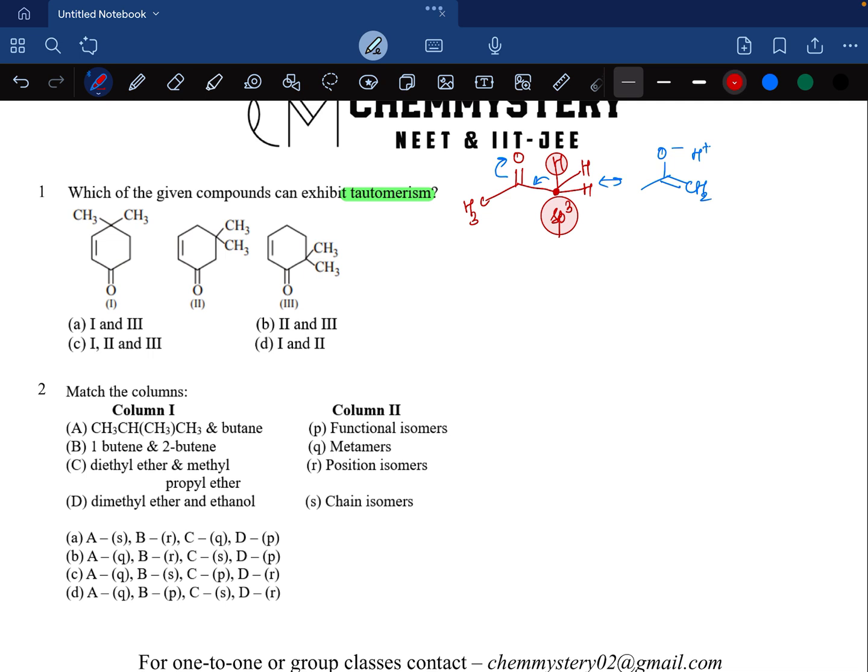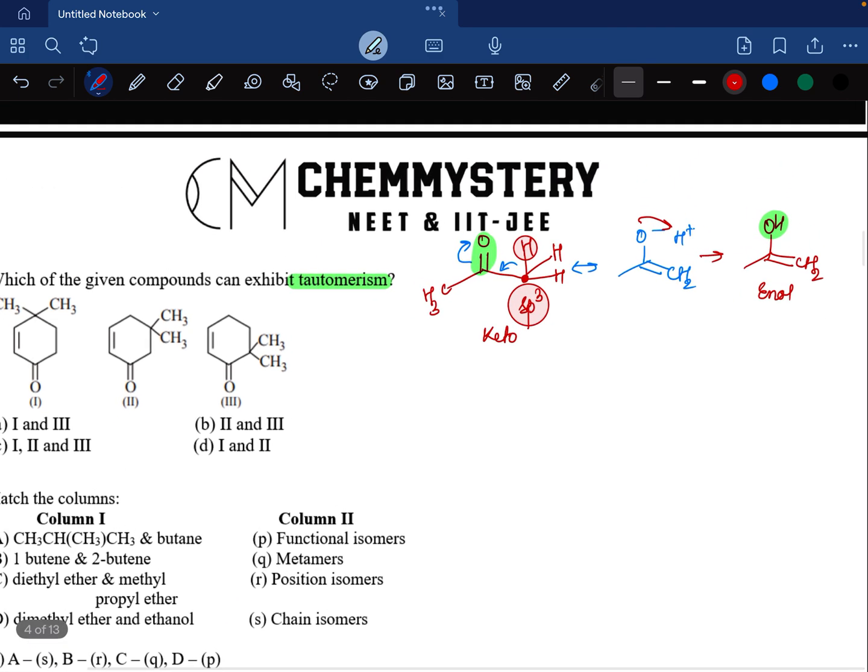Due to the high electron density on oxygen, it pulls the H positive towards itself, and we get an OH here with a double bond to CH2. Because we have this OH functional group, we call this the enol form, and this one is the keto form. We call it keto-enol tautomerism.